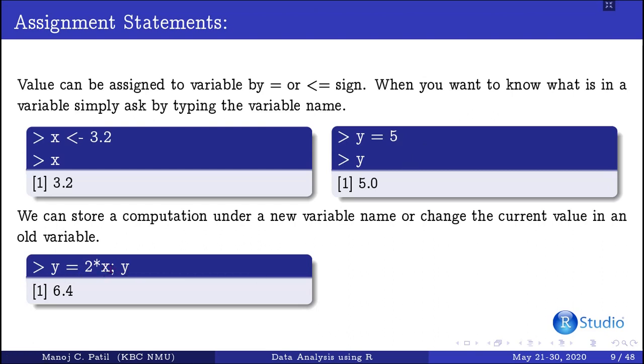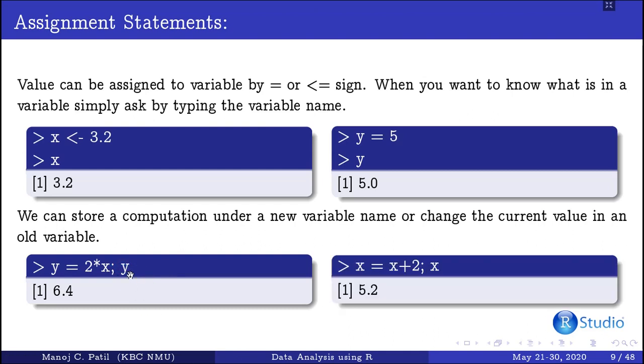And if you don't want to go to a new line and just want to put another command on the same line, you can write y is equal to 2 times x, then a semicolon tells R that my command is completed. You can go for the new line. Here y is equal to 6.4, 3.2 multiplied by 2, 6.4.